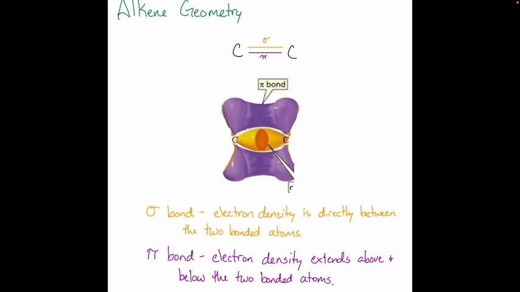You can get to those electrons a lot easier than you can sigma bonded electrons. All right, so this is going to be very important to the reactivity of this functional group. Why are double bonds so much more reactive than single bonds? All right, there's another aspect of alkene geometry that we want to note here.